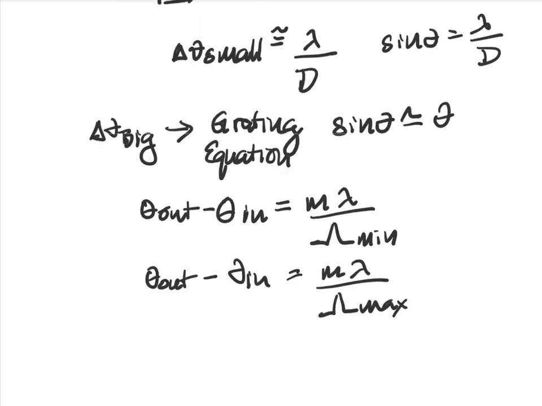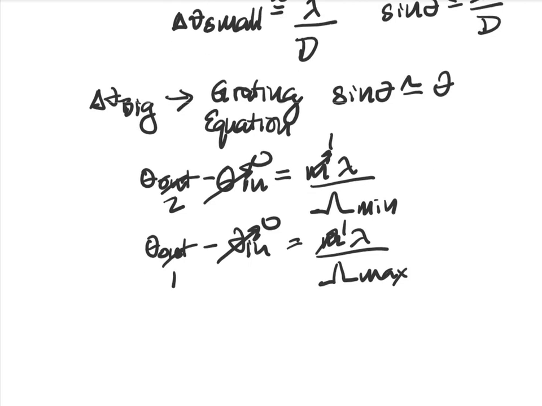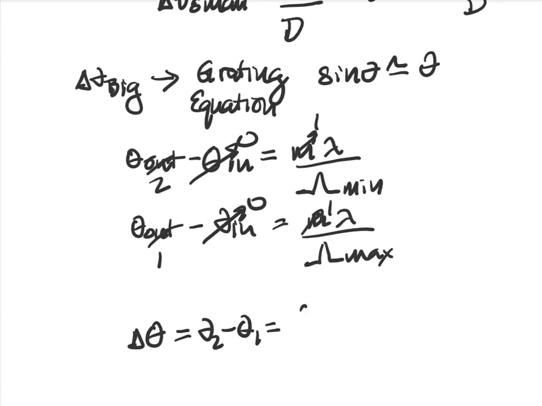Now we can get rid of theta in and m. We'll say that m is just a positive one order. We'll get rid of theta in because we just illuminate straight on. We'll call the biggest output angle theta 2 and the smallest theta 1. Delta theta then is just theta 2 minus theta 1, which is equal to lambda times the quantity of 1 over big lambda minimum minus 1 over big lambda maximum.